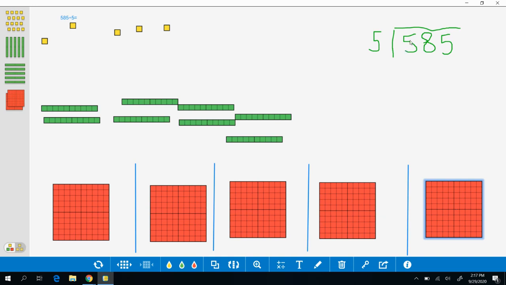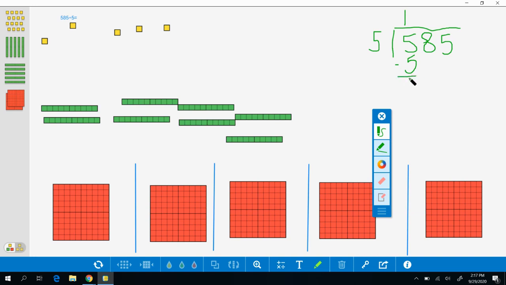So we started with 500. We divided the 500 into 5 equal groups. And how much is in each group? 1 group of 100. So let's go ahead and notate that here. So each group has 100. 5 groups of 100 equals 500. So 500 minus 500, 0 hundreds.